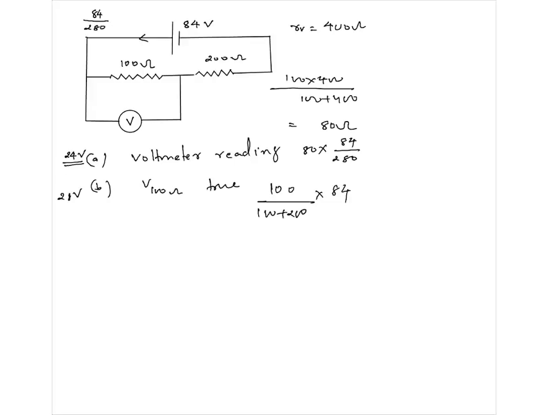I mean change, 14-15% change we are talking about. That's substantial change. It is due to that wrong choice of this voltmeter. If the experimenter had gone for a voltmeter with higher internal resistance, much higher than 100, things would have been different.